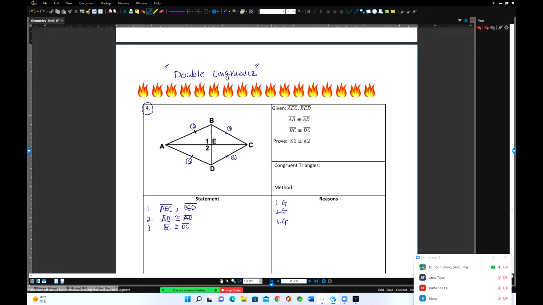But we are trying to prove angle 1 and angle 2 congruent. These two angles belong to triangle ABE and triangle ADE, right? So to prove these two triangles congruent, you've got only one side, maybe another side, reflexive, but we need one more.